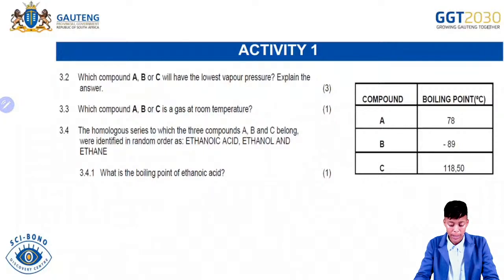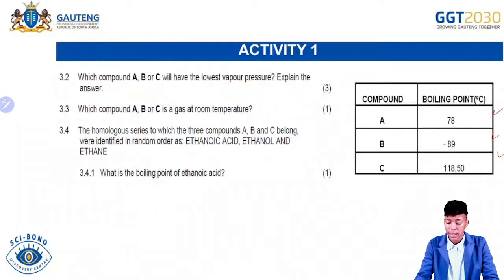Okay, so you are going to go back to the table. And then you are going to use your knowledge of what you know about the boiling point and vapor pressure. So what is it that we have learned?